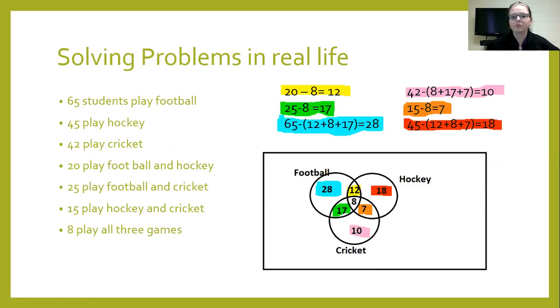Since all of those spots are filled up, hockey has 45 students all together. So we write 45 in the beginning. 12 of those students play football and hockey, 8 of them play all 3 sports, and 7 of them play hockey and cricket. When we add those up and subtract, we get 18 students who play hockey alone.